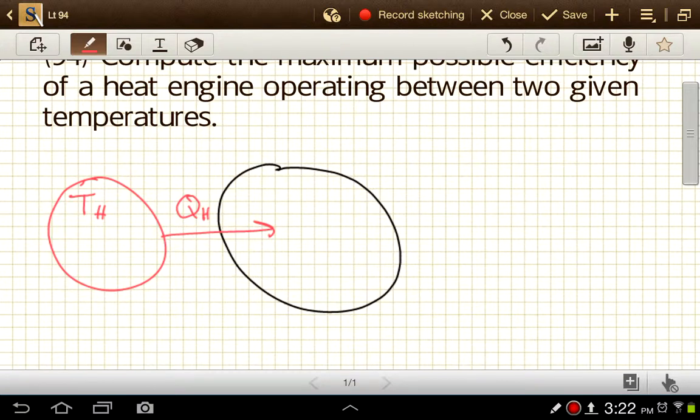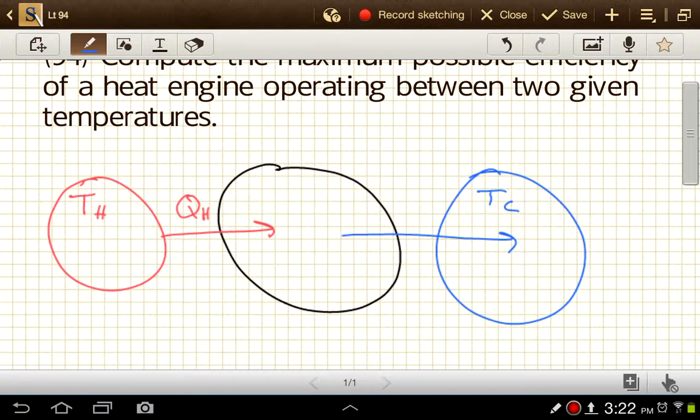Now, our engine also typically runs pretty warm as a result of all this heat that goes in, and so our engine is also going to be in contact with some air or other parts of the car or whatever the machinery is we're talking about, and so there's some colder area in contact here as well that's at some temperature that we call TC, the cold temperature, and we have some heat that's flowing from our engine, which is going to be warmer, to this air or the other bits of metal, or again, whatever matter is around this engine.